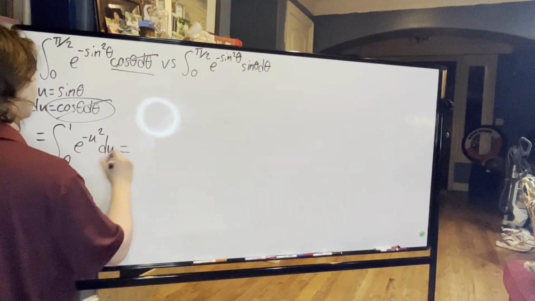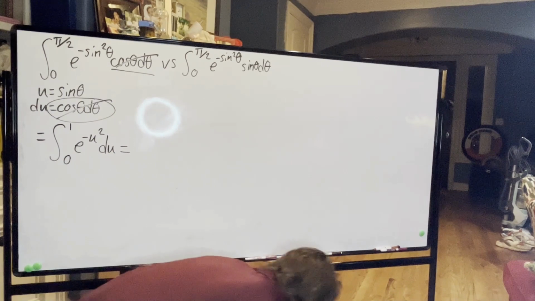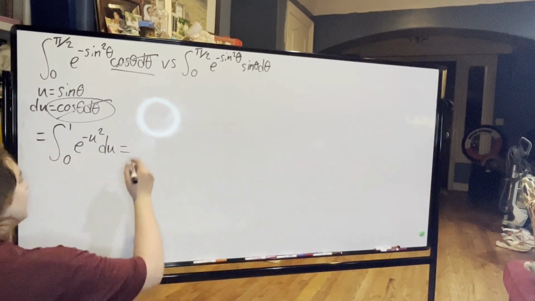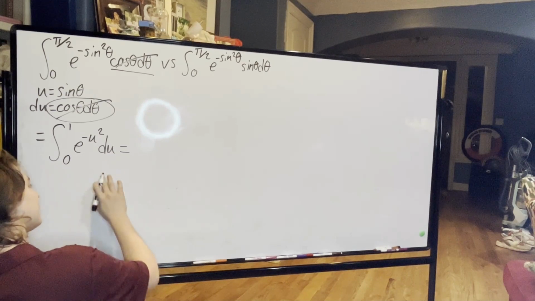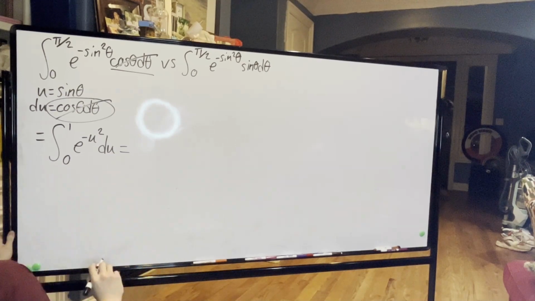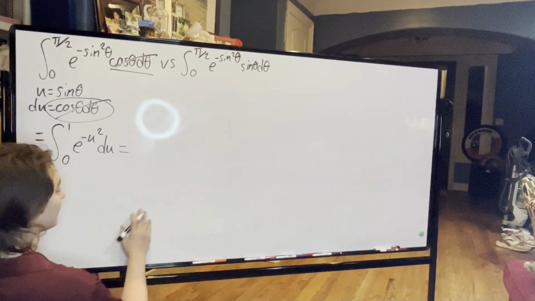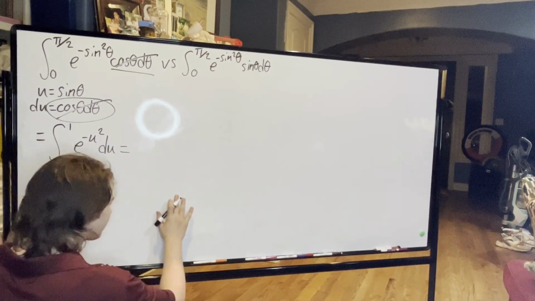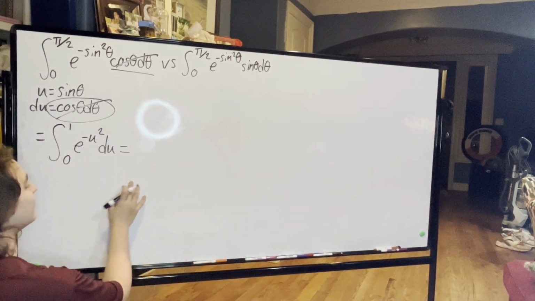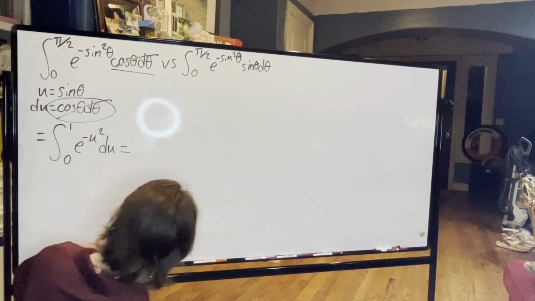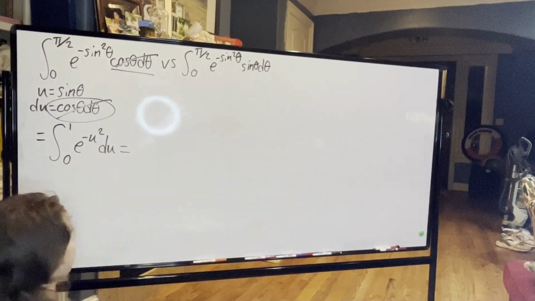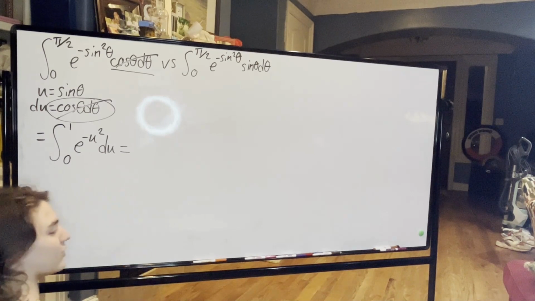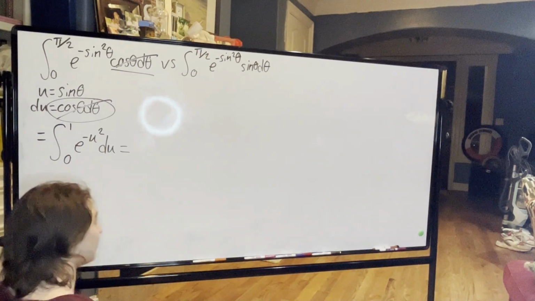This is going to be equal to... have you ever heard of this function called the error function? I'm going to post a link to Blackpenredpen's video. So to solve this, we're going to use this new function called the error function.